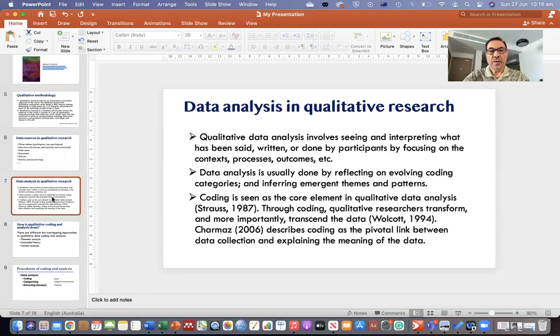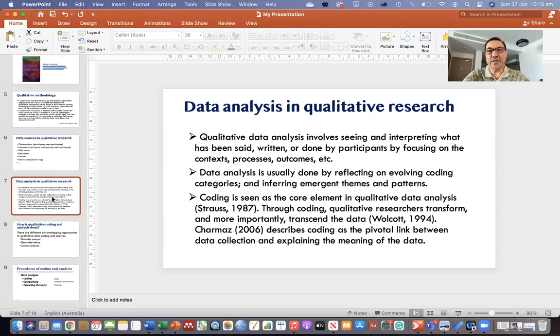Okay. Now that we know what data sources we usually collect with regard, for example, to language diversity in different contexts involving different people and processes, the next question would be, how do we analyze qualitative data? Qualitative data analysis involves seeing and interpreting.